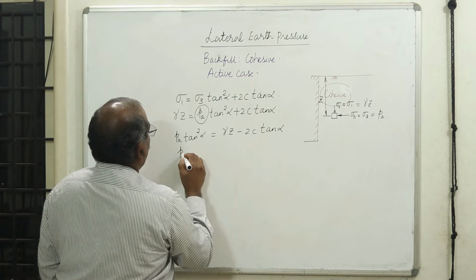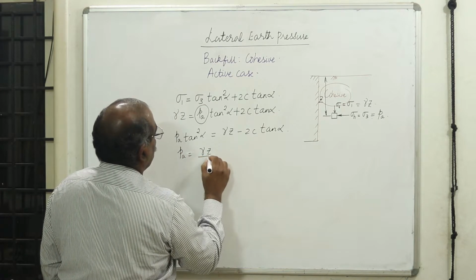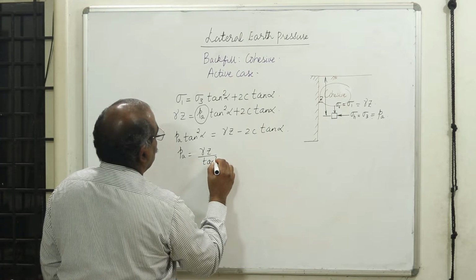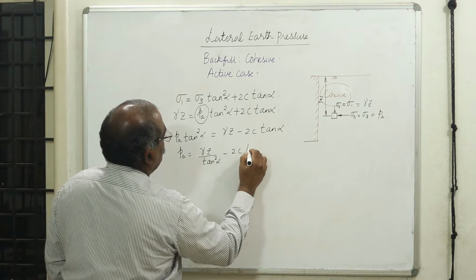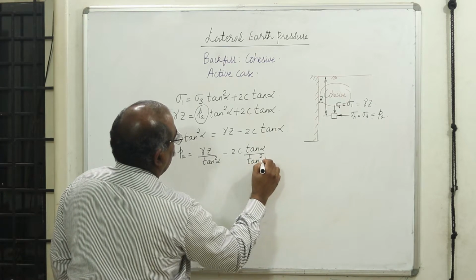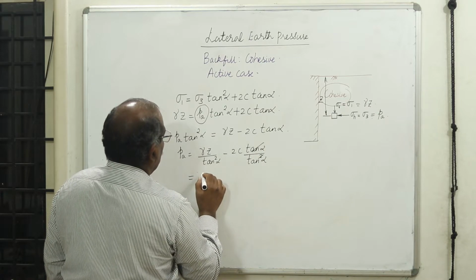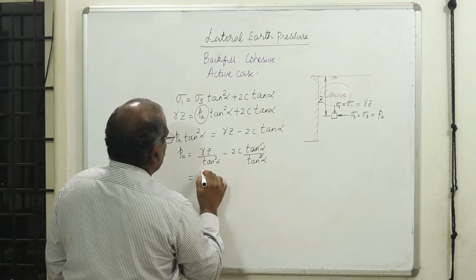Now we divide throughout by tan square alpha. It becomes gamma z by tan square alpha minus 2c by tan alpha, and the denominator has tan square alpha. This gets cancelled, therefore this becomes gamma z.